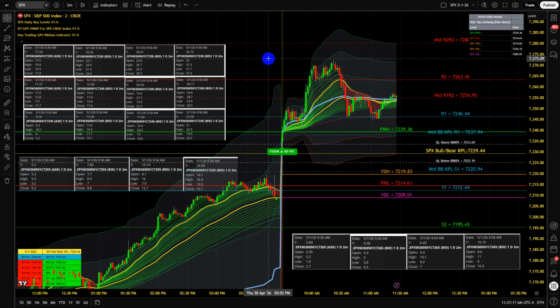So one inherent advantage by using the early session lotto option strategy is not only the cost, but the potential risk should the trade not go in your favor, or should price start going sideways and doesn't really go anywhere.